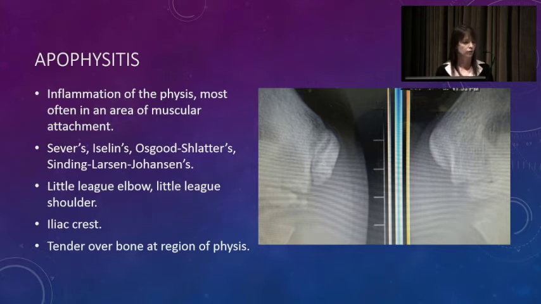You could also have a little league shoulder, where it is across the entire physis of the shoulder because of the high strain rotational forces as they are throwing a baseball. They can also have it over the iliac crest, which, if I'm not mistaken, my colleagues can correct me, I don't think anyone has yet named it after themselves.